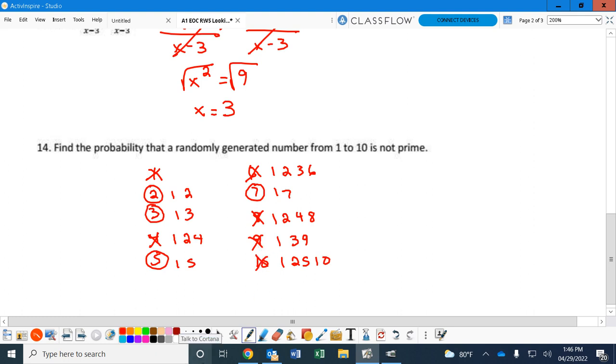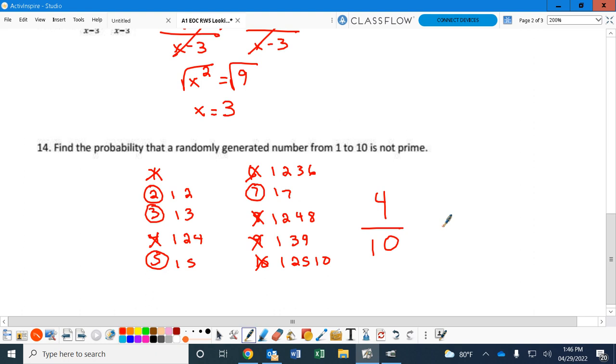So how many of them are prime? 4. 4 of them are prime out of how many? 10. That's not correct. That's not the right answer. I'm telling you, if you don't reread every question on this test before you answer it, you're going to make careless errors.